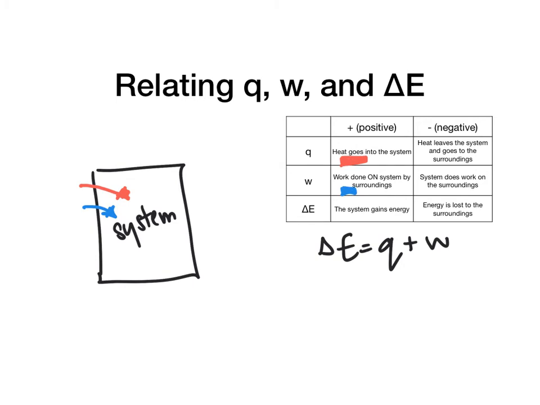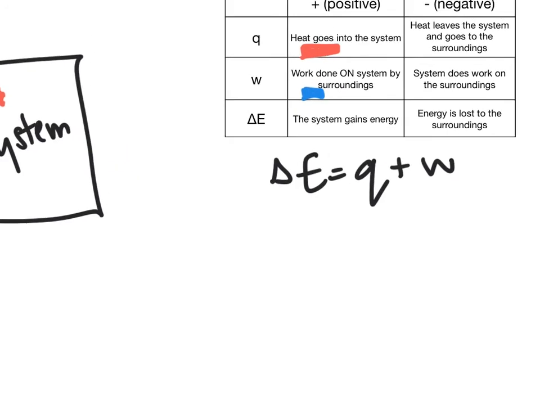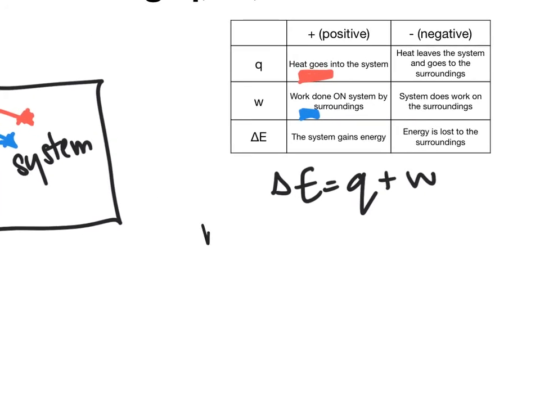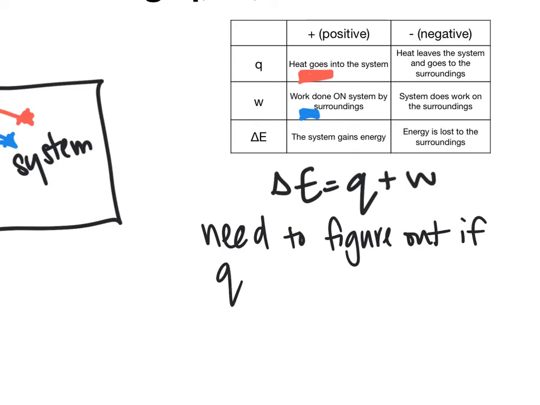Now, likely you're saying, adding two things together is relatively simple math, and that is entirely true. The more complicated part of these problems, as we'll see in the next bit, is that we're going to have to assign the signs. So we need to be able to figure out if Q is positive or negative.